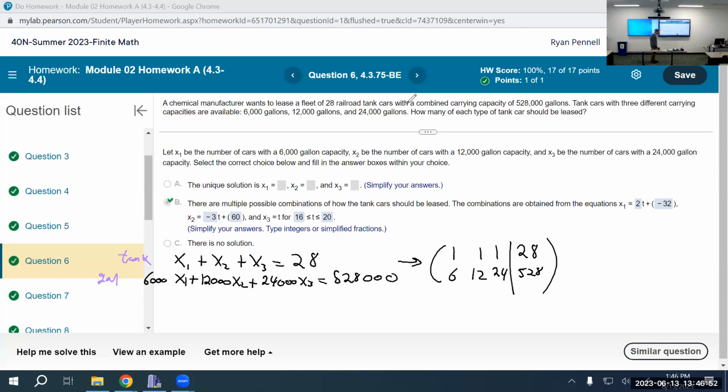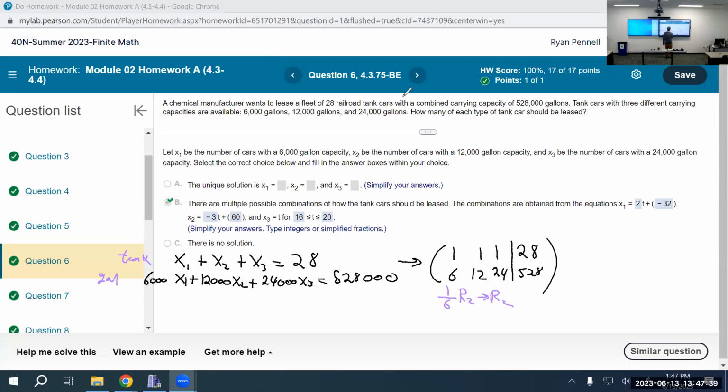So from there, what can we do? Well, we could try to solve this. Another thing I could do is simplify some of this. To make things even easier for myself, at least with the arithmetic, I could do 1/6 row 2. It looks like those are all divisible by 6.